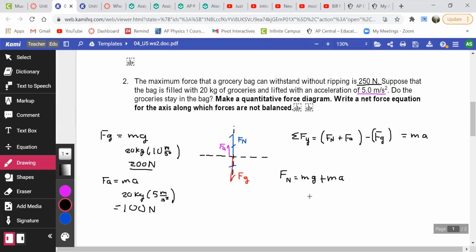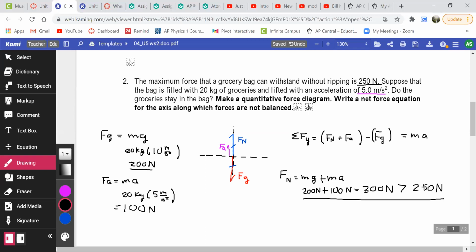So what was mg? mg was 200. And then ma we calculated to be 100. So what does this come out to be? It comes out to be 300 newtons. 300 newtons is greater than 250 newtons, and the bag rips.